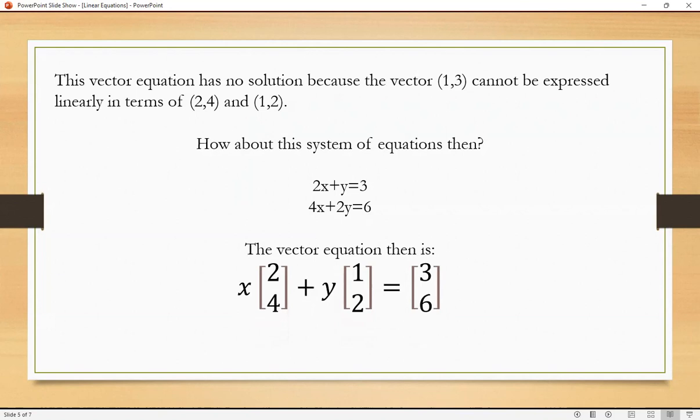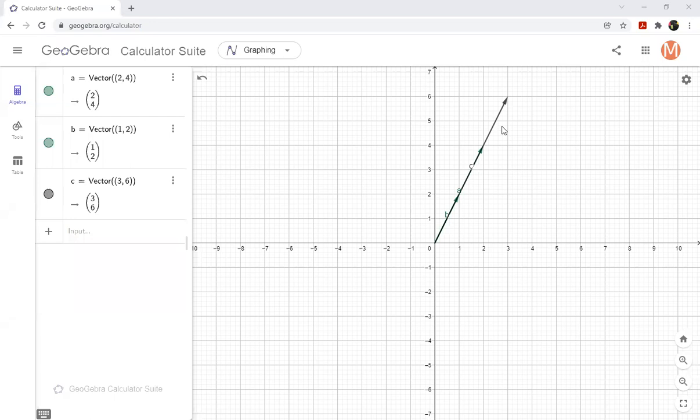So now we are going to see in GeoGebra how vectors are on the 2D plane. The vectors A and B are the same as before, which is 2, 4 and 1, 2. But now the vector C is 3, 6.